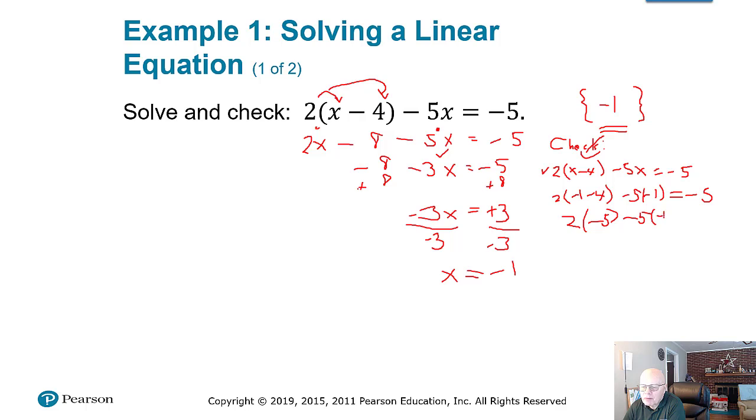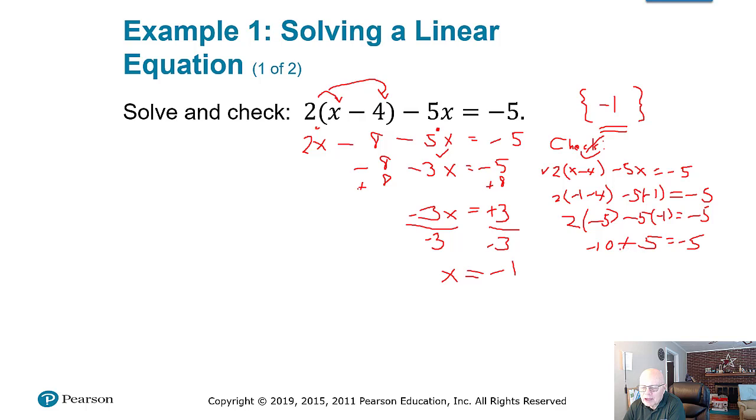Eventually, you'll probably do a couple of things at a time, but take it nice and easy. Next, we have some multiplication to do. So 2 times -5 is -10. -5 times -1 is +5 equals -5.